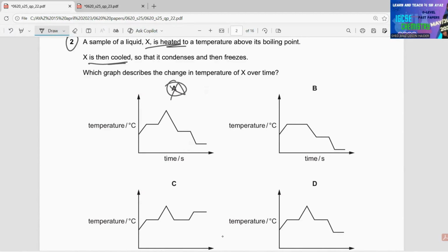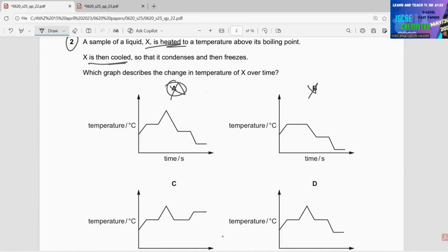Similarly, in B, there's only increase and decrease, and this is also incorrect because in this you can see that they're heated. The sample is heated, and it changes to a state that it's like it's cooled. So it's also incorrect. What they are saying, they said that it's heated to a temperature above its boiling point.